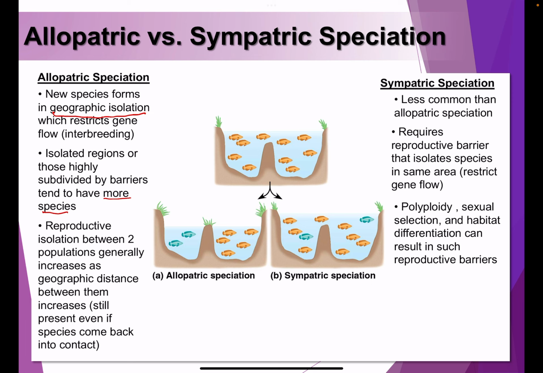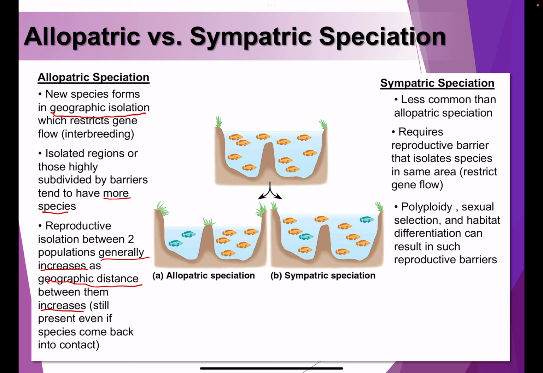Thirdly, reproductive isolation between two populations generally increases as geographic distance between them increases, which means the farther apart they are, the more geographically isolated they will be, and the better the reproductive isolation.